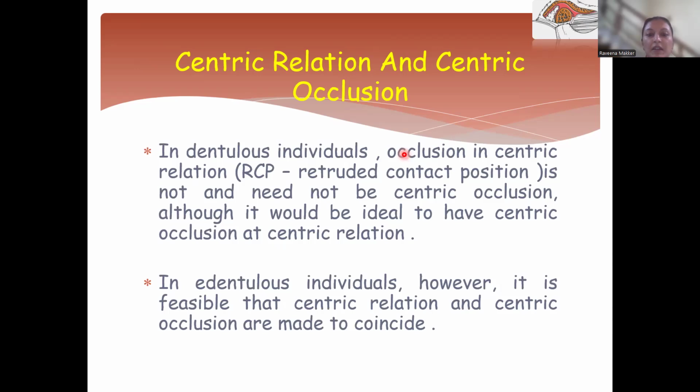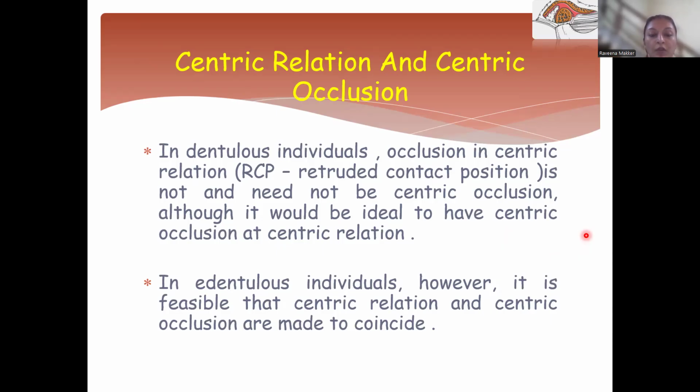Now, in dentulous individuals, centric relation, that is the retruded contact position, is not and need not be centric occlusion, although it would be ideal to have centric occlusion at centric relation. It means that in centric relation, the teeth may not be in complete occlusion.